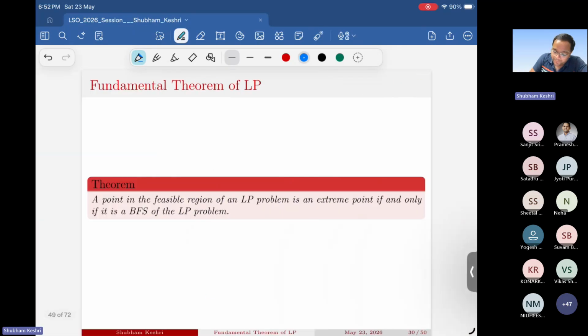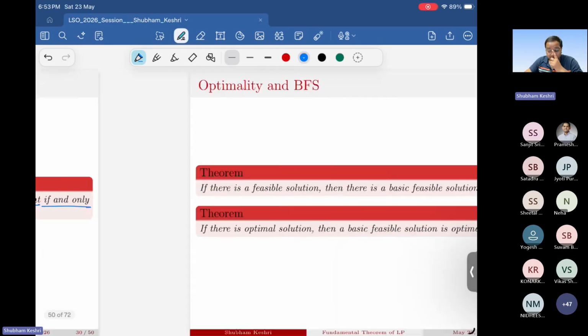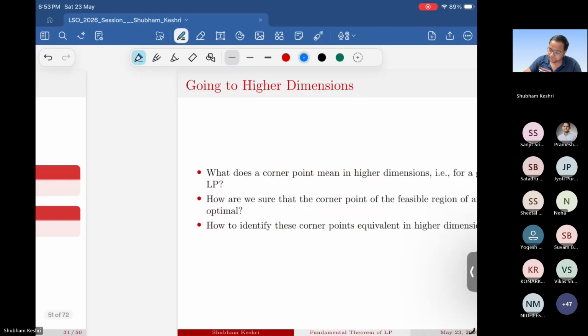So I'll move forward. This is the fundamental theorem of LP. What it says is that a point in the feasible region of an LP is an extreme point if and only if it is a basic feasible solution of the LP problem. Simply put, extreme point and basic feasible solutions are the same thing. Now you see we have answered the third question.